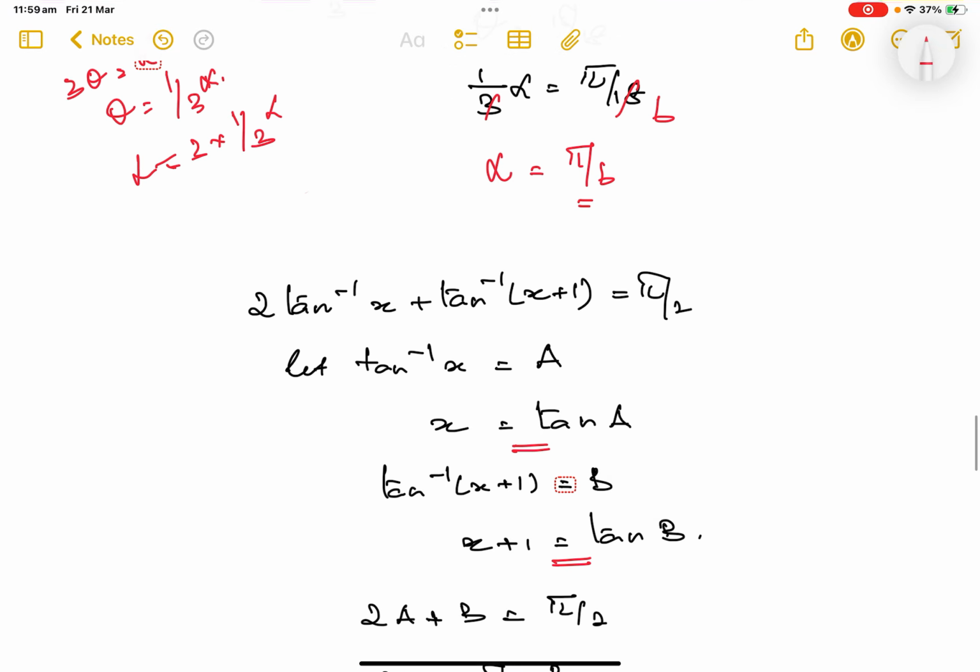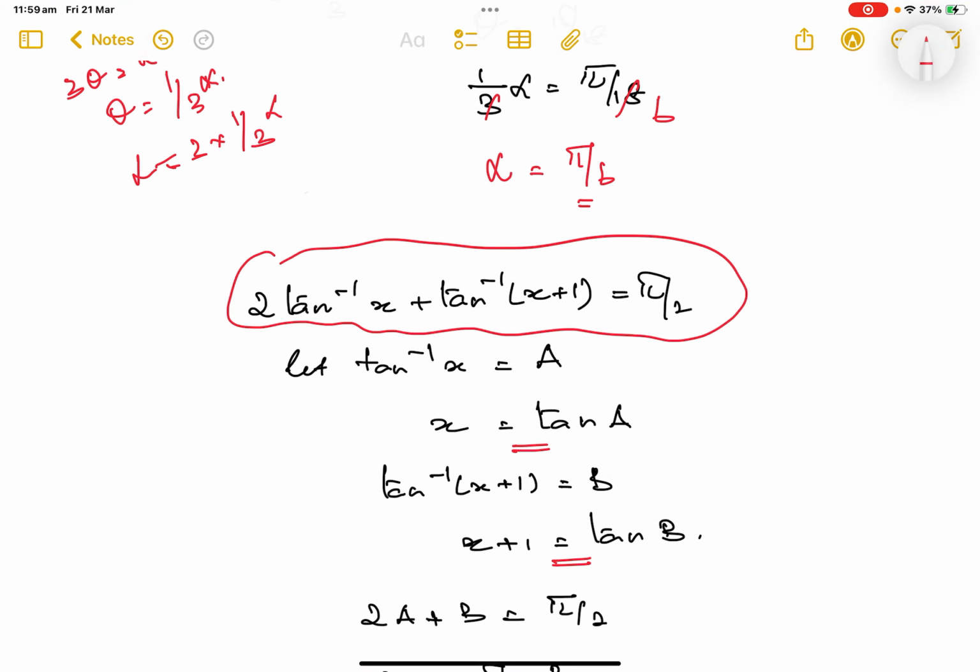All right, this is given: 2 tan inverse x plus tan inverse of x plus 1 equals pi by 2. So 2 times one angle plus another angle add together to equal pi by 2. I took tan inverse x as a, so that means x equals tan a.